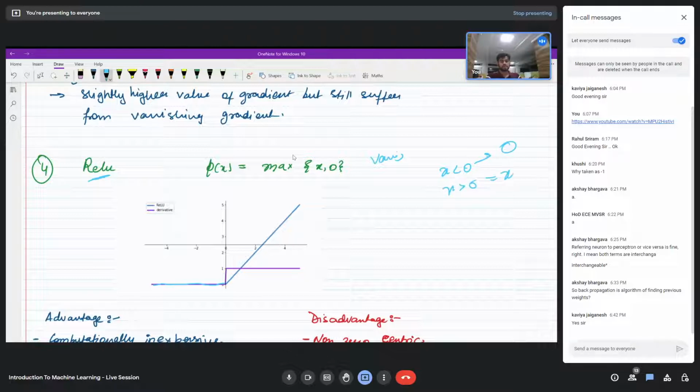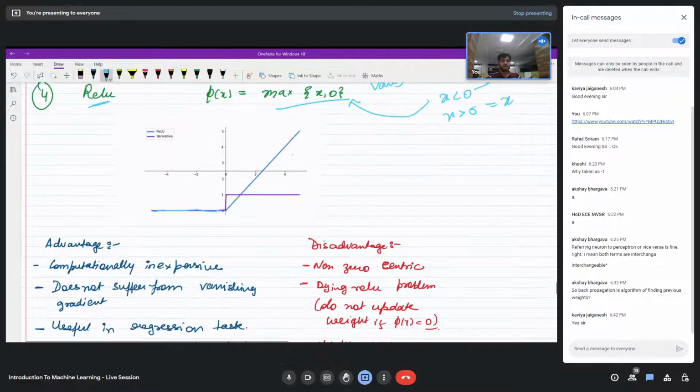So this is something called the ReLU function. This can also be denoted by max of x comma 0. Okay. It is not differentiable at 0. This is a drawback, but you use its pseudo derivative. So you can either use 0 as its derivative or something like that. Or you can use a very small quantity as its derivative, because 0 might lead to some other issues.